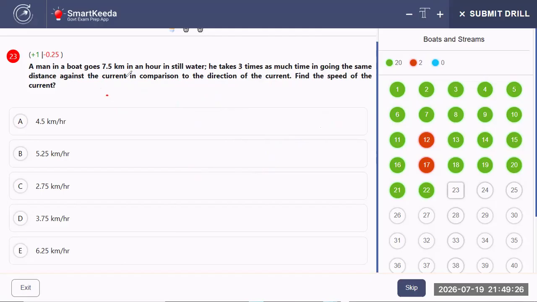A man in a boat goes 7.5 kilometers per hour in still water, and he takes 3 times as much time in going the same distance against the current.